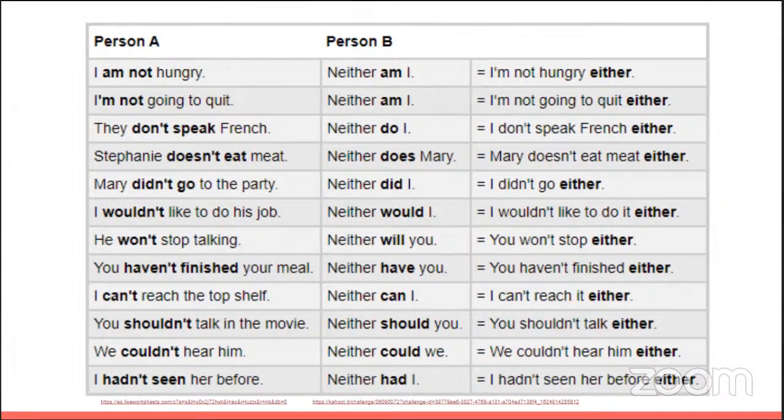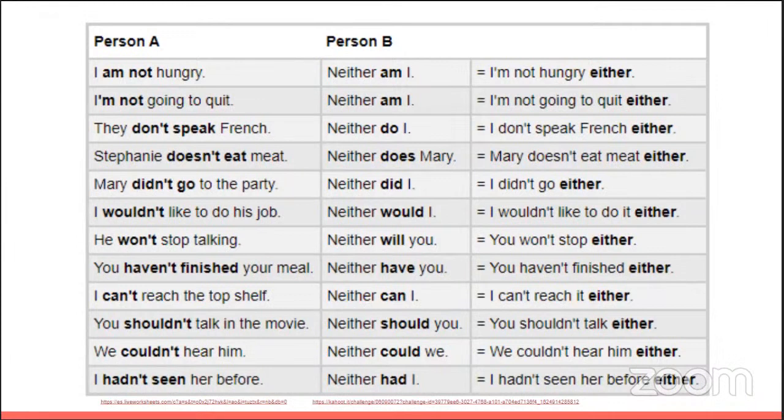Mary doesn't eat meat either. Correct. Mary didn't go to the party. Neither did I. I didn't go either.